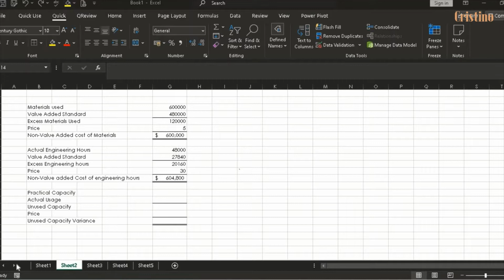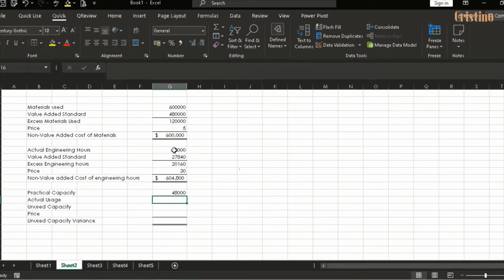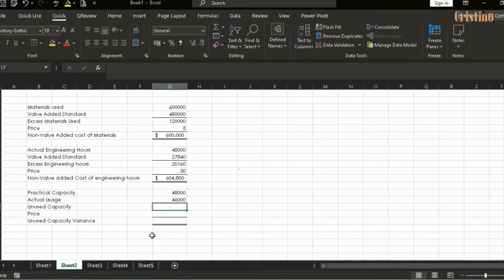The next requirement is to calculate the unused capacity variance for engineering hours. The practical capacity for engineering is equal to 48,000 hours. To calculate the unused capacity, we're going to deduct from it the actual usage. Given actual usage is equal to 46,000 hours.